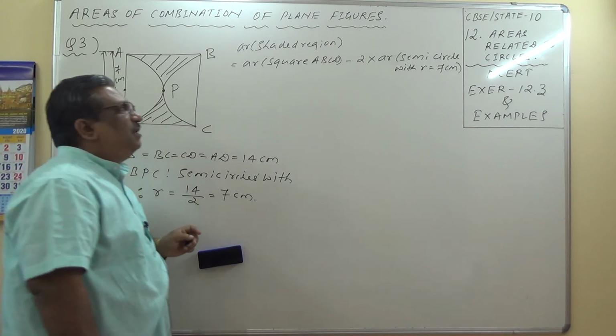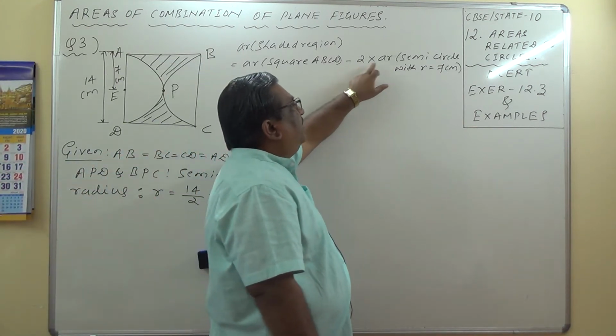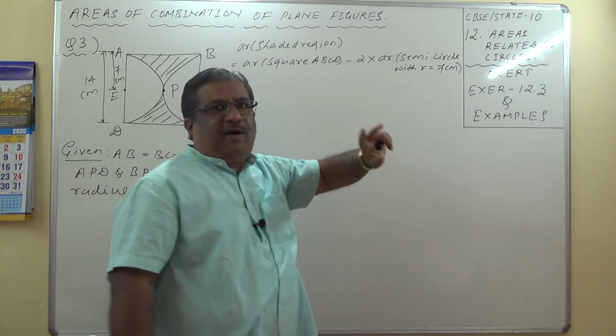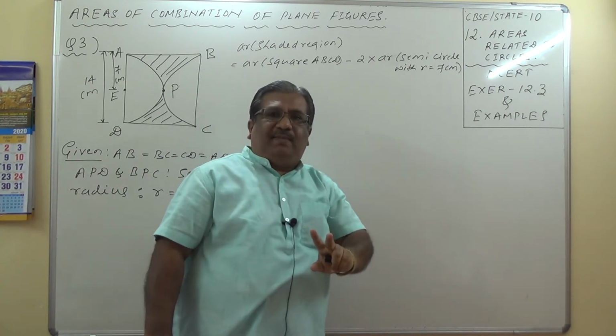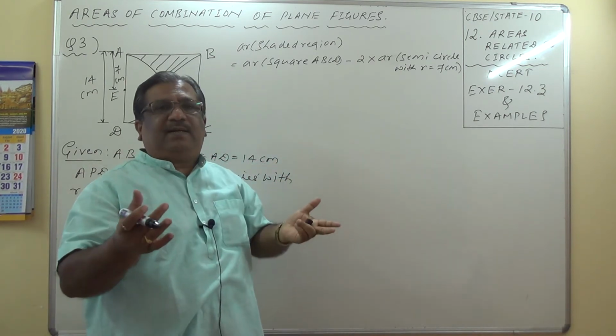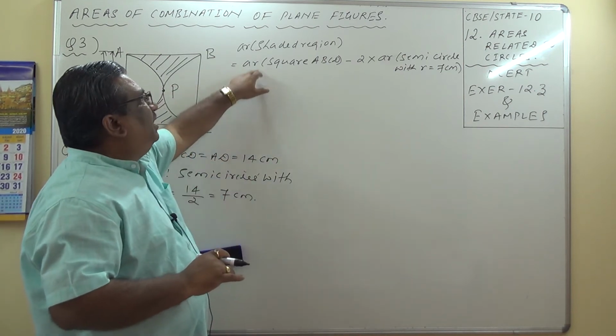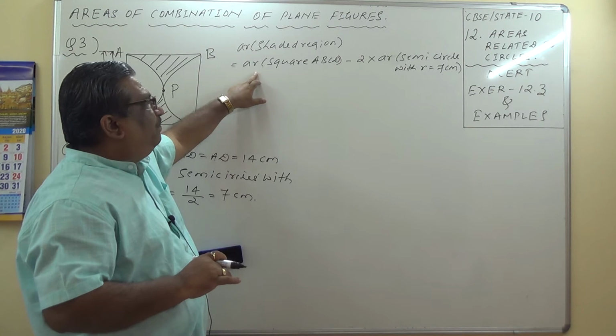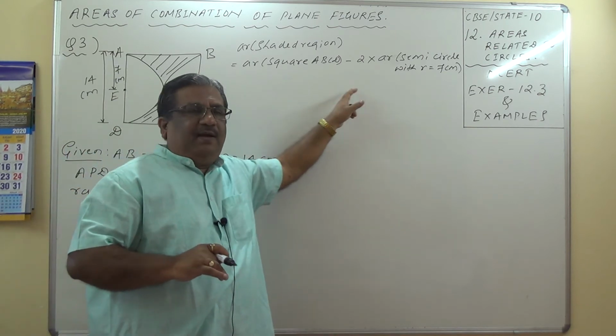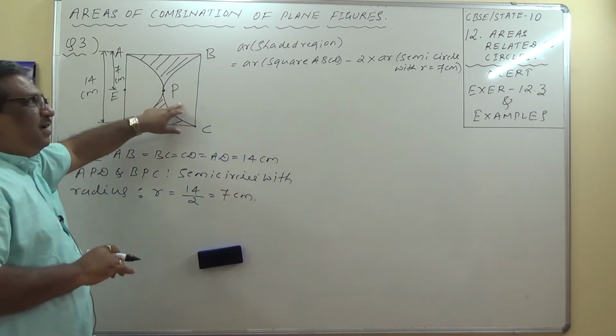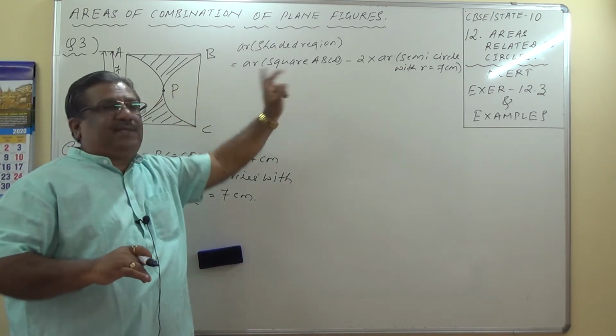See, 2 times the area of the semicircle of radius 7 centimeter is nothing but the area of one complete circle. So I can also solve this as the area of the shaded region is equal to the area of the square ABCD minus the area of the circle with radius r equals 7 centimeter.